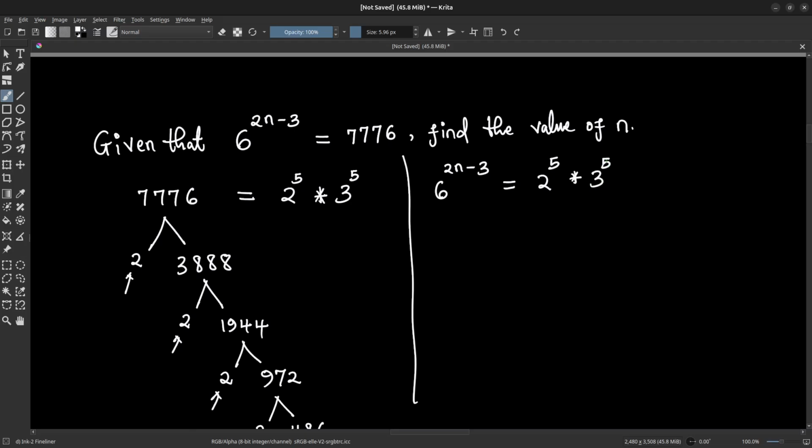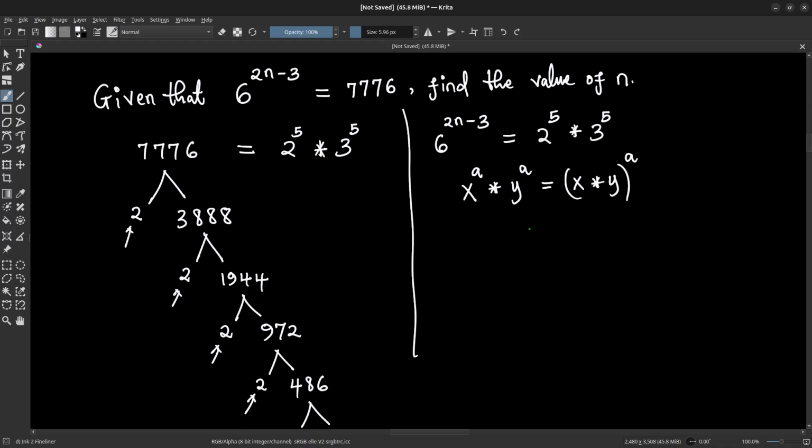Now, anytime you are given x to the power of a times y to the power of a, so long as the powers are the same, this is the same as taking x times y and then raising that to the power of a. So this means our right side of the equation will now become 2 times 3, and then we raise that to the power of 5.